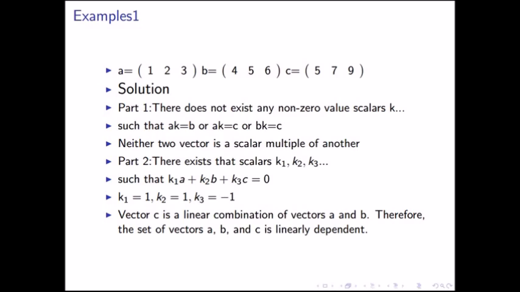Also, there exist scalars k1, k2, and k3 such that the equation is equal to 0. They are 1, 1, and -1 respectively. Since vector C is a linear combination of vectors A and B, the set of vectors is linearly dependent.